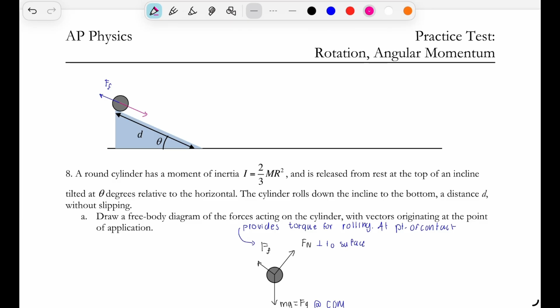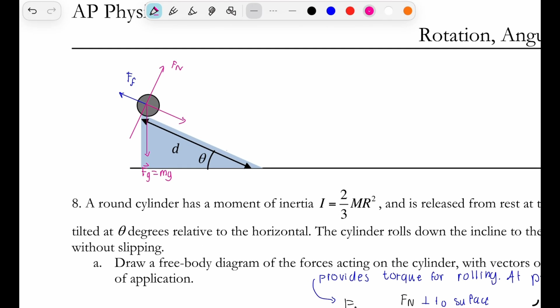We can draw out the rest of our FBD here actually. That is Fn. That's mg, Fg. This is going to be our theta.